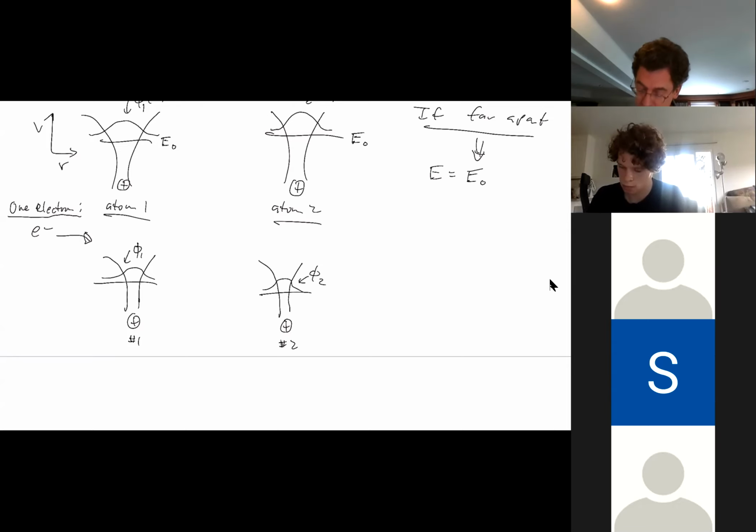The energies are the same, so phi 1 and phi 2 are degenerate.